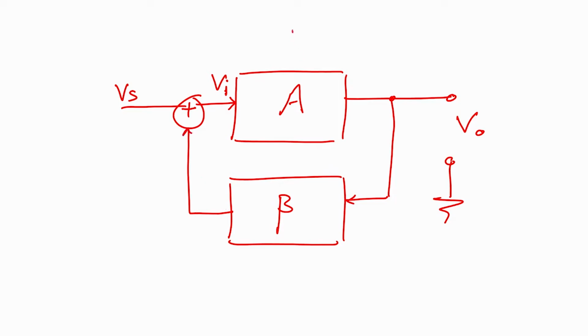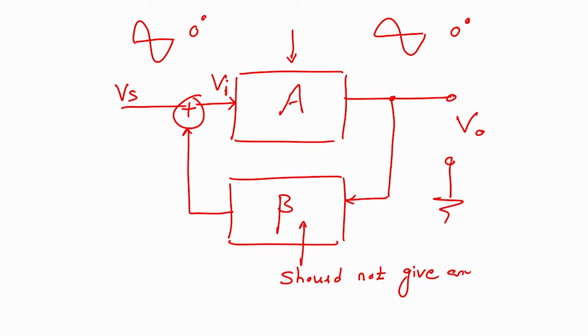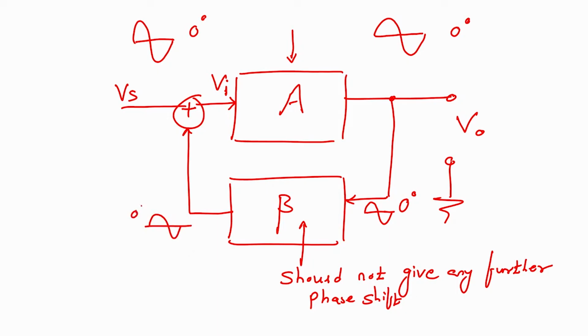What I am saying is, if the amplifier has no phase shift, so the output is in phase with respect to the input, then this beta should not give any further phase shift, because the part of the signal that we are providing back to the input should also be 0 degree.